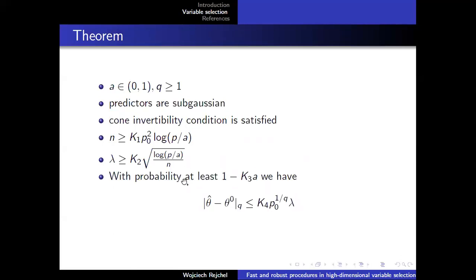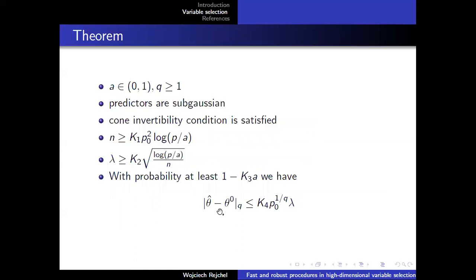And then with high probability, we can upper bound the estimation error, the difference between our estimator and the true parameter. So this result is very similar to standard results for lasso estimators.